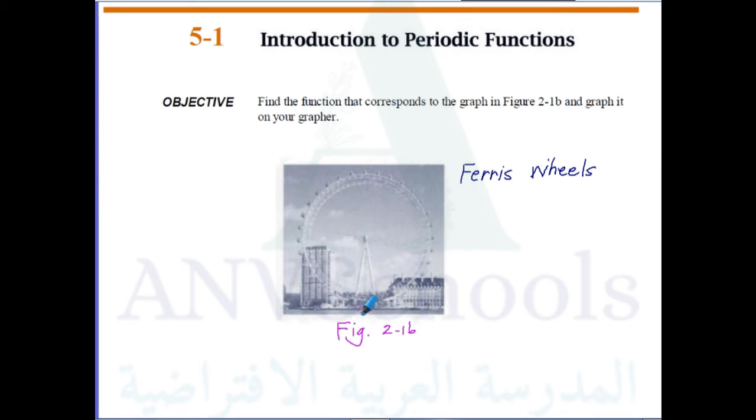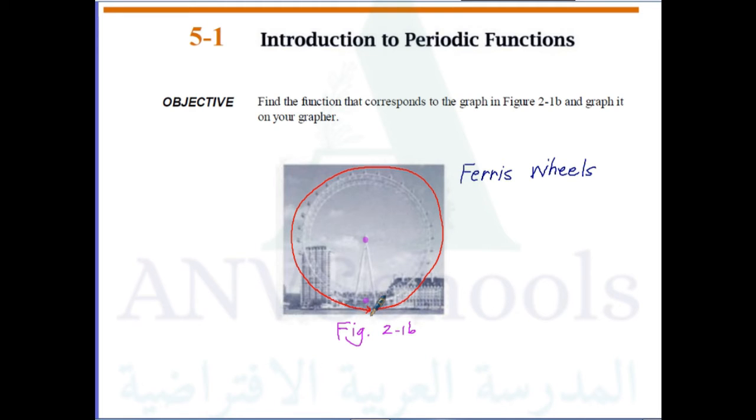The center is here, and let's say it started rotating from here. Now this Ferris wheel will rotate in a circular motion, going through any angles within this circle up to where it came from.